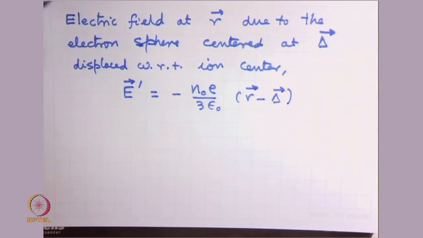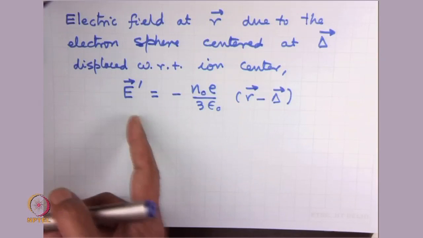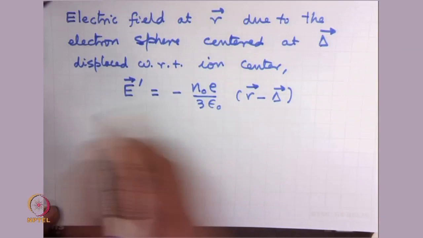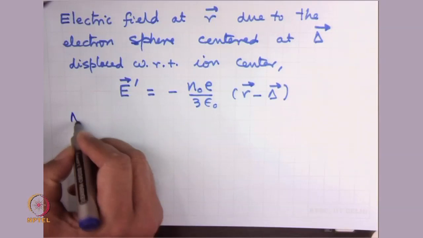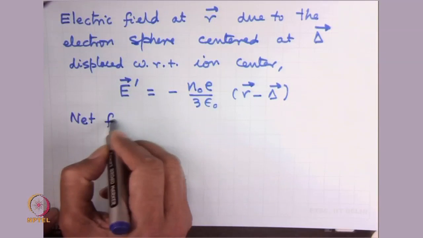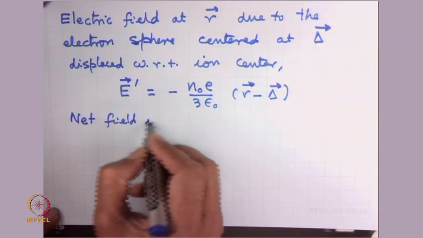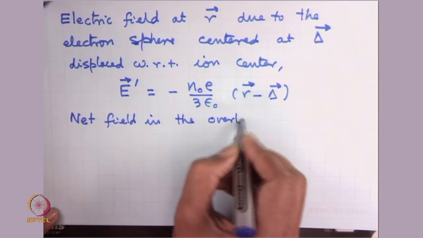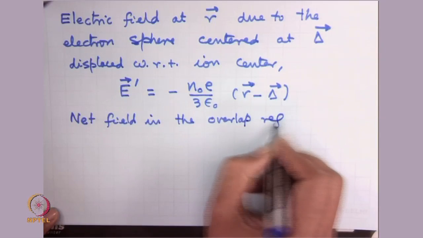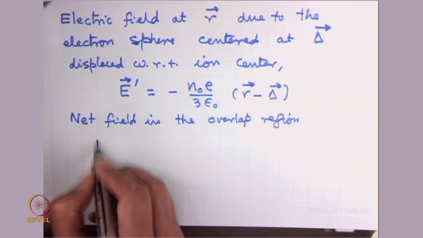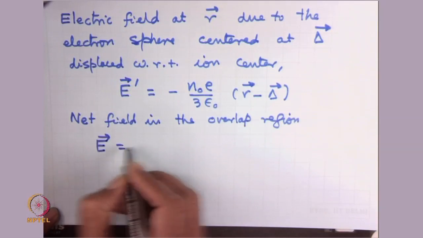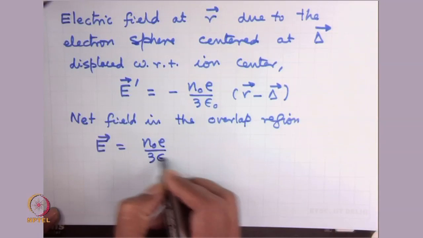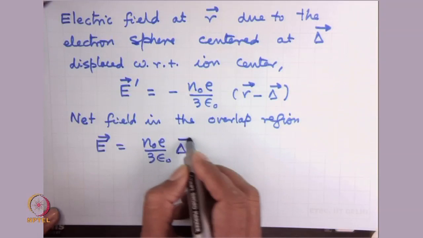So, the ion field I got earlier, the electron field I got now, add the two fields in the overlap region. So, the net field in the overlap region would be E is equal to n0 e upon 3 epsilon 0 delta, which is a constant.